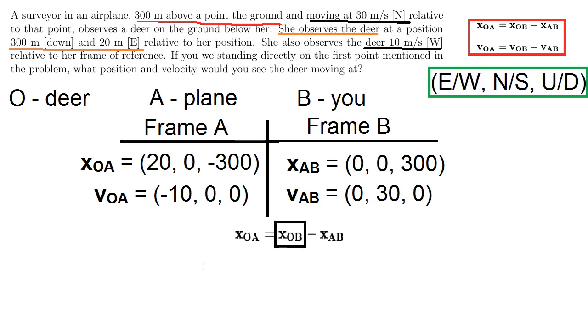But this is something we can solve because we have XOA. It's 20, 0, negative 300.